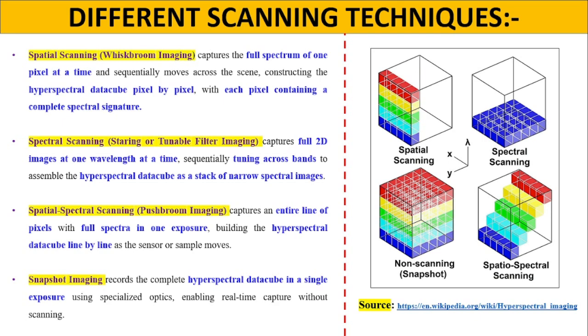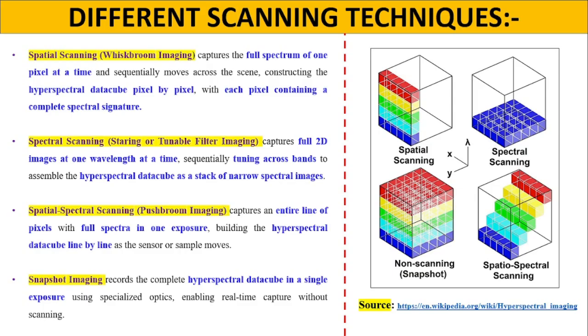Then we have the spectral scanning, which is called staring or tunable filtered imaging. First, it captures the 2D images at one wavelength per time. This is very important.